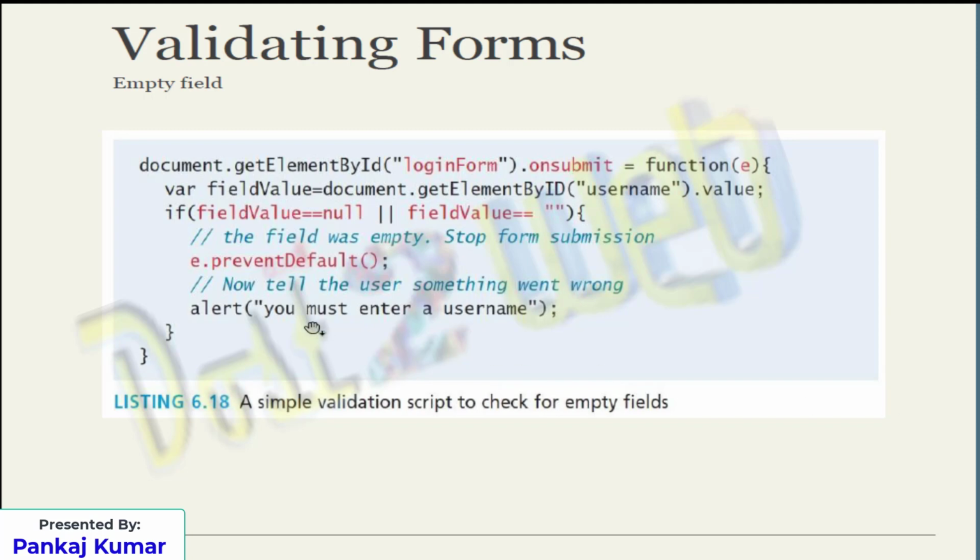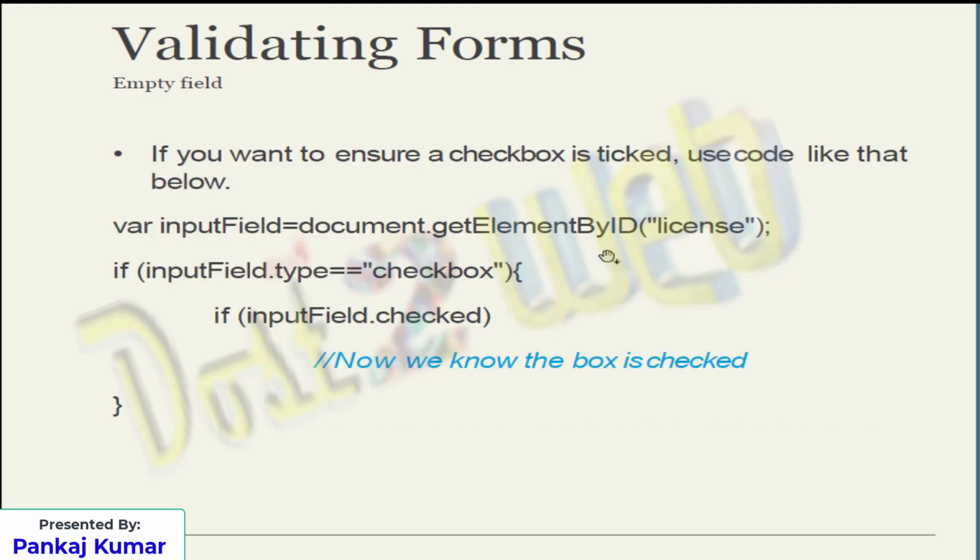You want to allow only alphabetic and numerical values, and you want to use a special character. Again, for that you have to write JavaScript to check what the user is typing. That is the special parameter you are defining, and only then can you validate the forms.